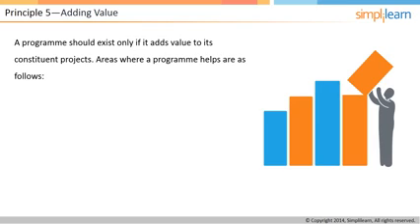The fifth program management principle is adding value. A program is not only an umbrella for multiple projects, but it also adds value to them. A program should deliver more benefits as compared to the individual outputs delivered by the constituent projects. If a program is unable to add such value, it is better we close the program.